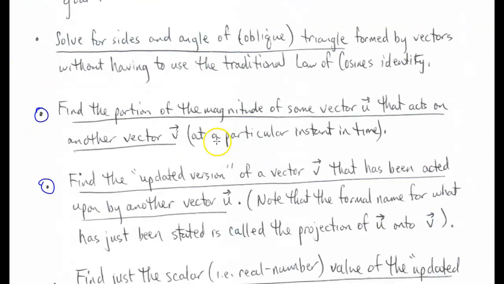Another reason why I list this is because, in the case of the updated version of the vector v, we're actually going to end up calling that the projection of a vector u onto another vector v. So the projection of the force that acted on the ball onto the ball, essentially.